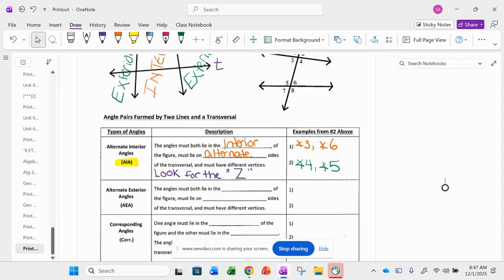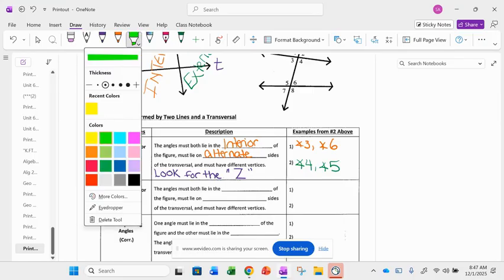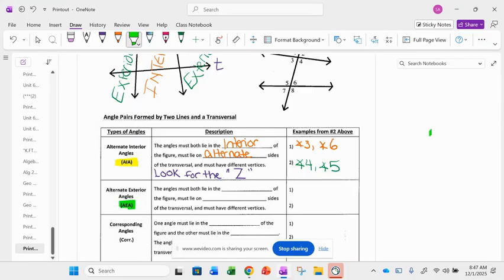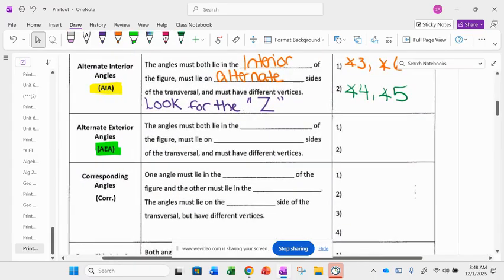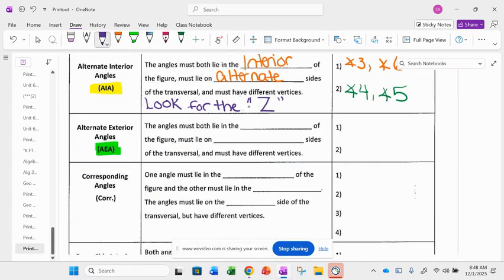Okay, now alternate exterior angles, we're going to shortcut this by calling it AEA, alternate exterior angles. Now, the alternate exterior angles must lie in the exterior of the figure and must lie on alternate sides of the transversal and must have different vertices.